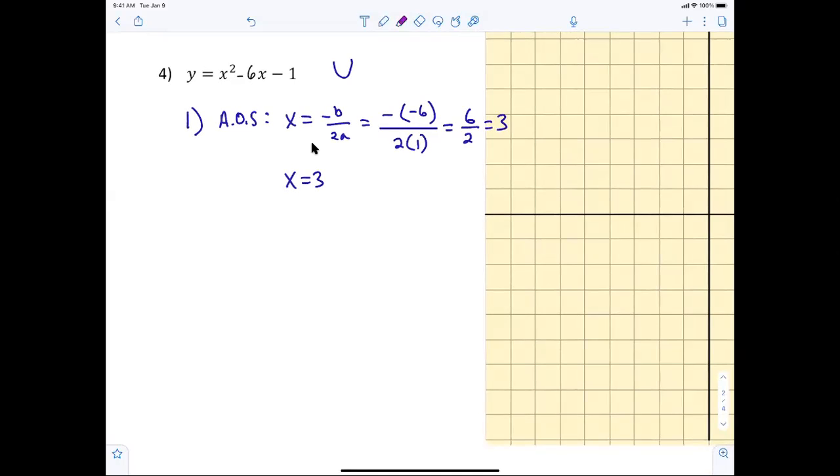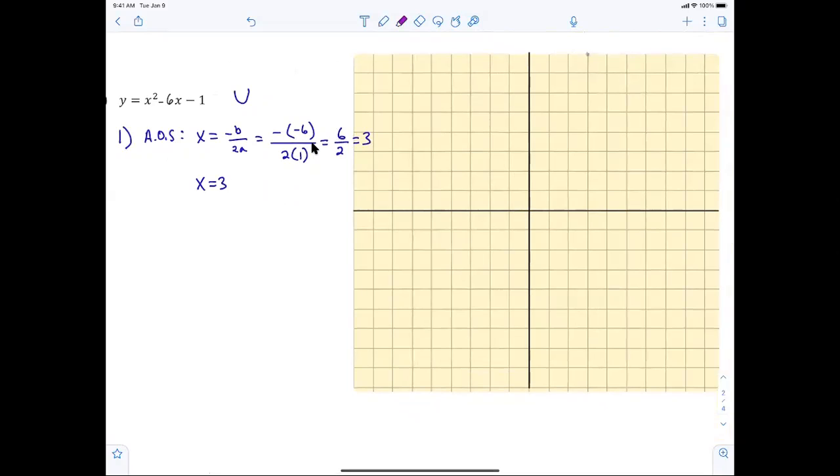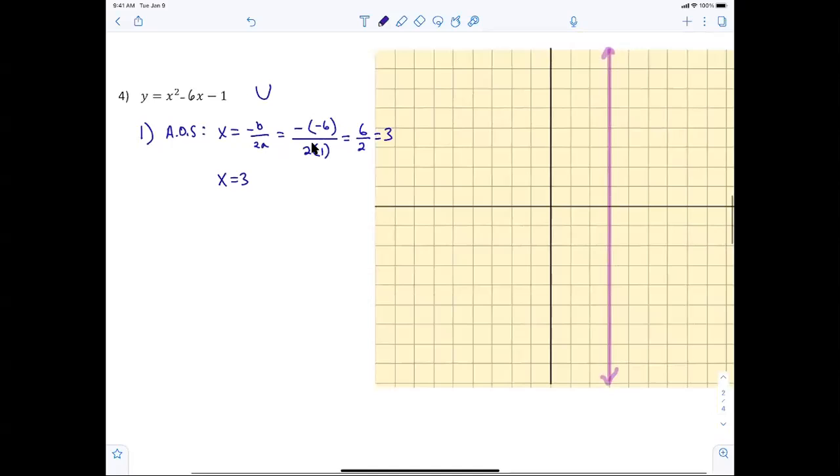So now everybody take your highlighter and graph x equals 3. Come on, guys, I think this is easy, but it's a pattern, all right? You just got to practice, same thing over and over. Now, after we find the axis of symmetry, what do I have to do? Plug it in. So here we go. Step number 2, I'm looking for the vertex. So 3 squared minus 6 times 3 minus 1. 9 minus 18 minus 1.